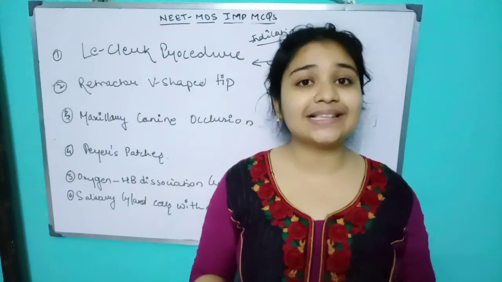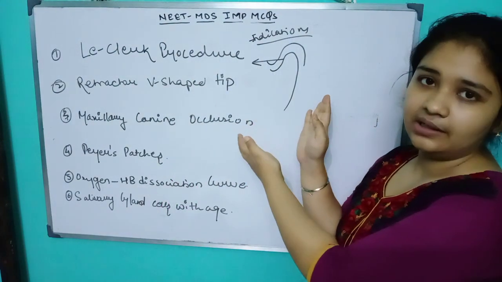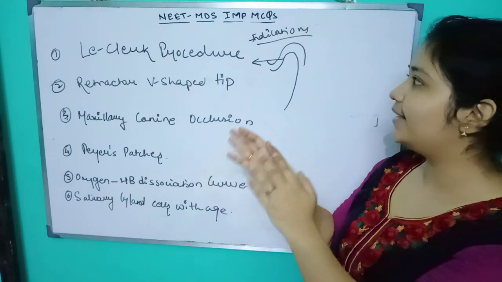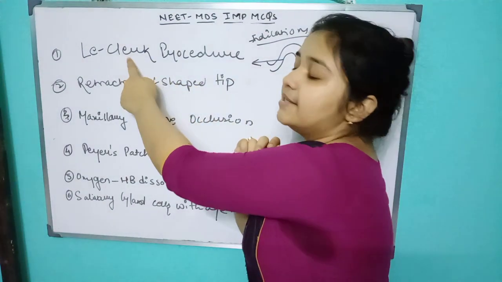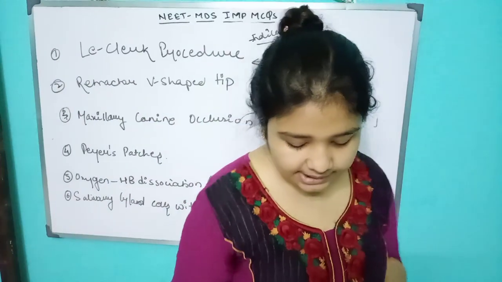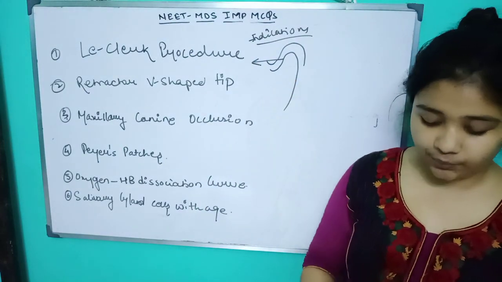The third is excessive salivation, mainly this is the reason. Excessive salivation or anxiety comes from this part, and the treatment is this. So this is known as habitual TMJ dislocation.